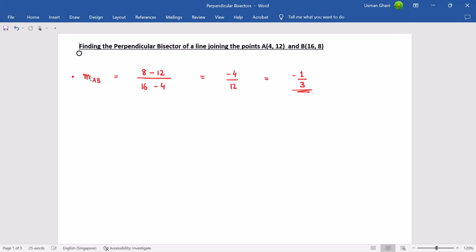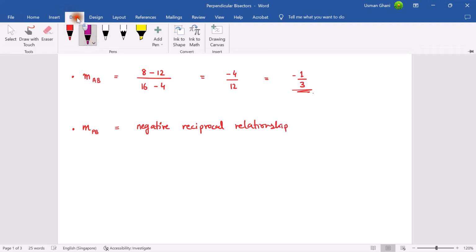The second thing is using the relationship of negative reciprocal. If I know the gradient of the original line, I can take its negative reciprocal to find the gradient of the perpendicular bisector. Let's call it m_PB. And that is simply going to follow a negative reciprocal relationship. Now once again, these are two words. Negative generally means you reverse the sign.